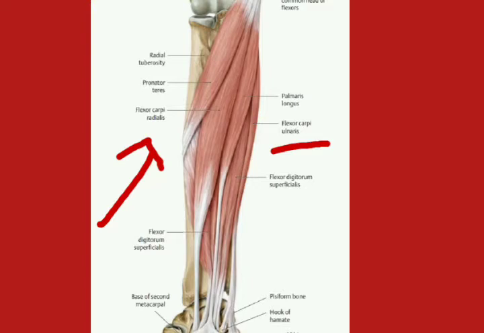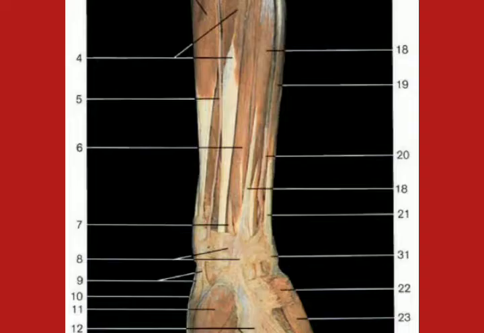Range of motion is 0 to 80 degrees. The middle one, number 4, is the flexor carpi radialis, and number 19 is the flexor carpi ulnaris.